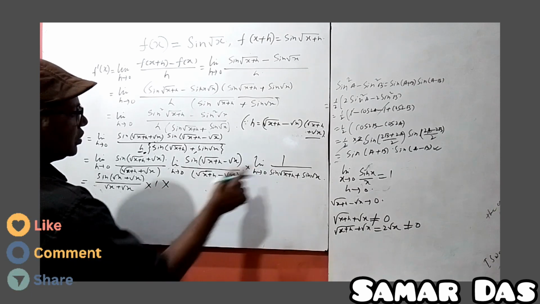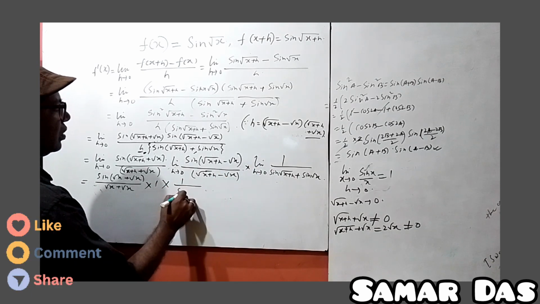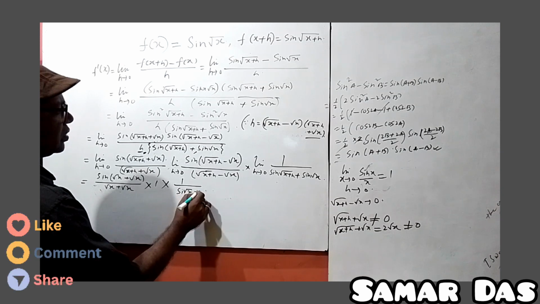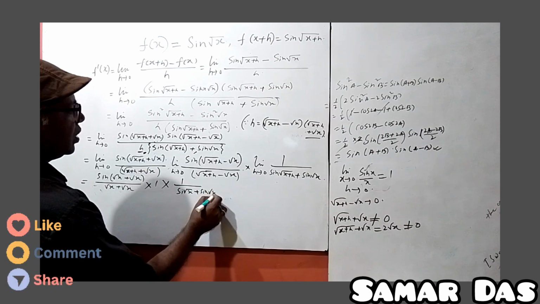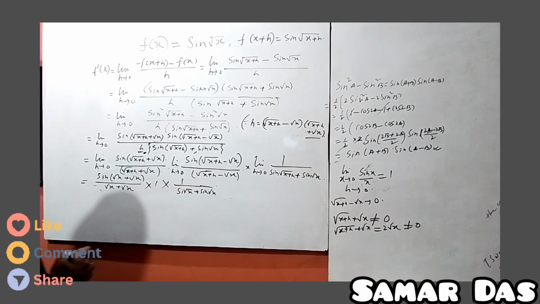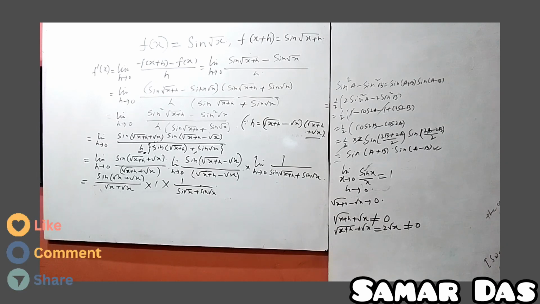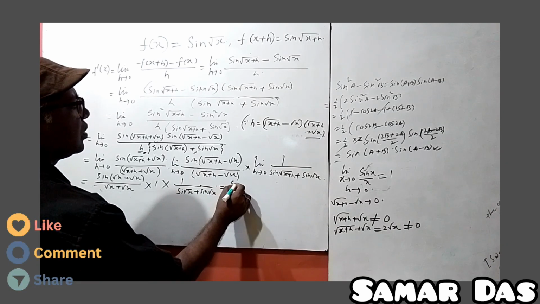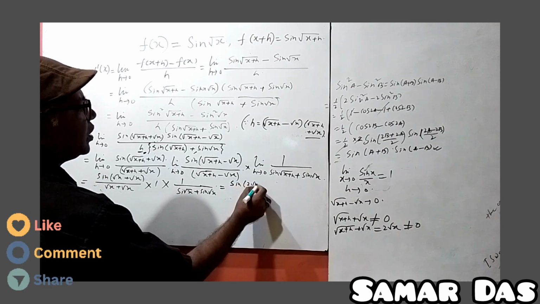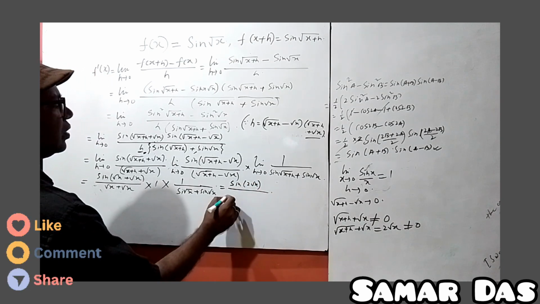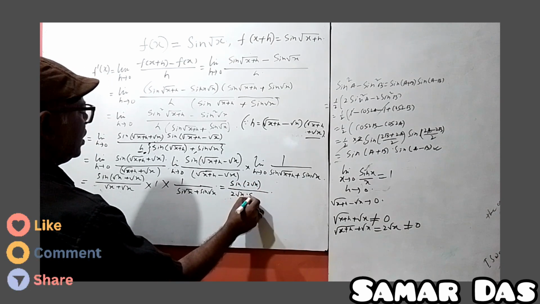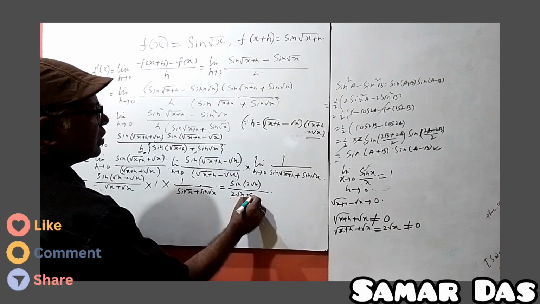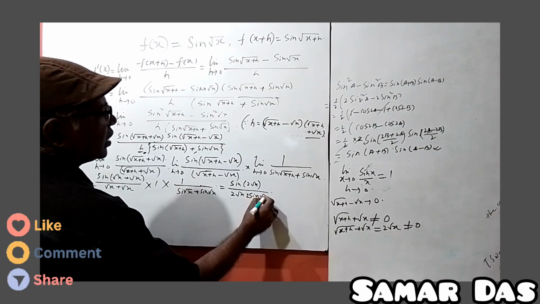Same as if we put 0, then we get sine root over x plus sine root over x. So this is sine 2 times of root x whole divided by 2 times of root x and 2 times of sine root x.